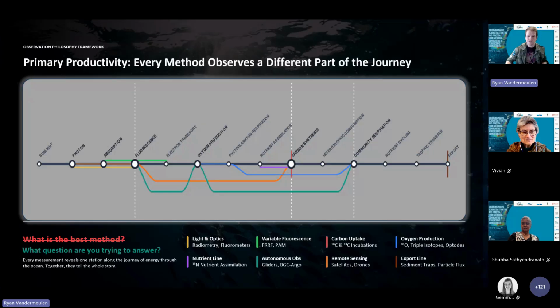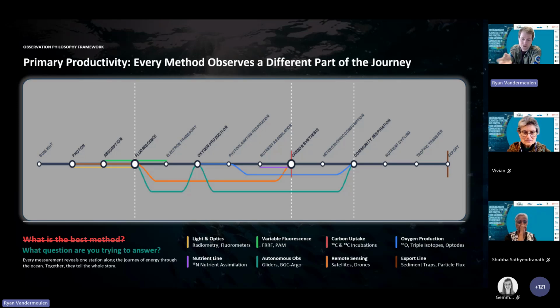So rather than thinking of these various methodological approaches as competitive services, and this is my last slide here, I find it more useful to frame them as stations along the same journey. Some methods observe the very first interaction between light and chlorophyll, and others follow the movement of electrons through the photosynthetic machinery.